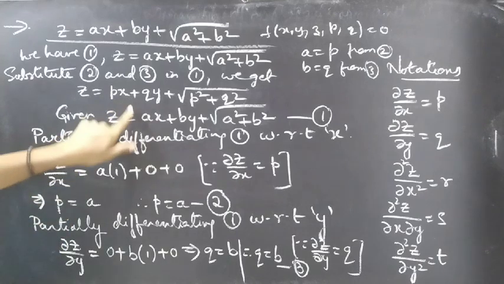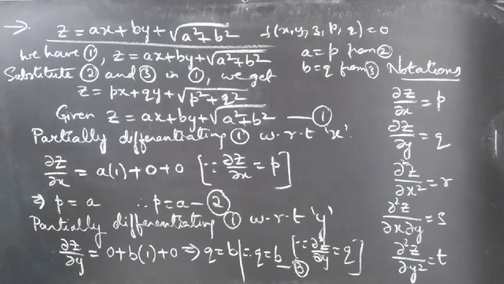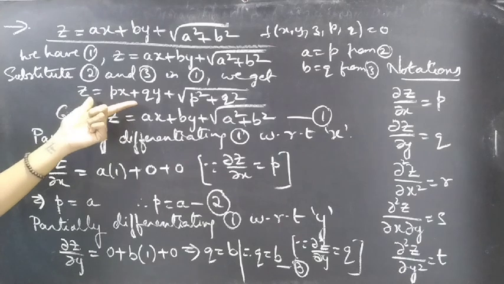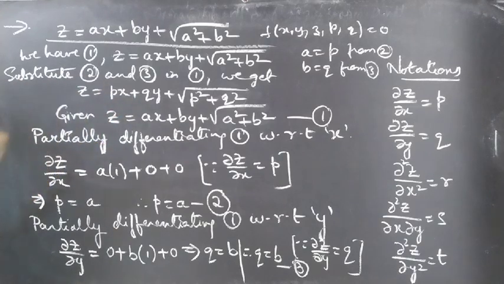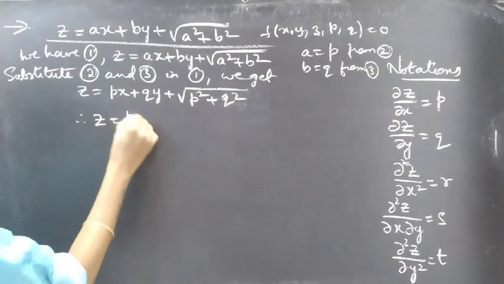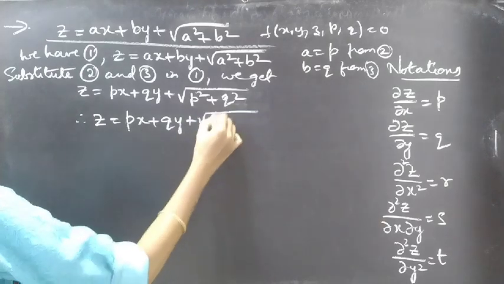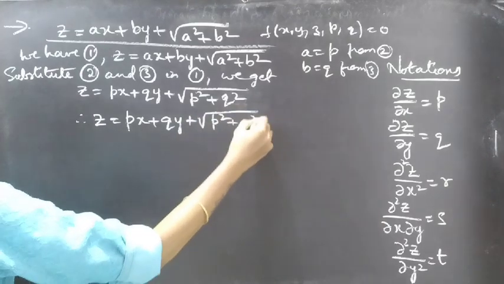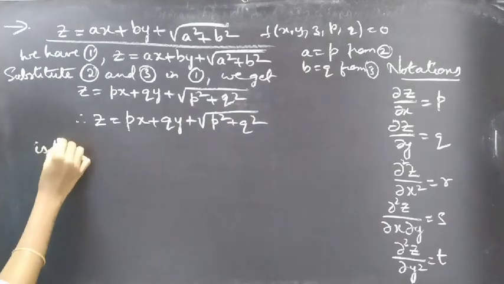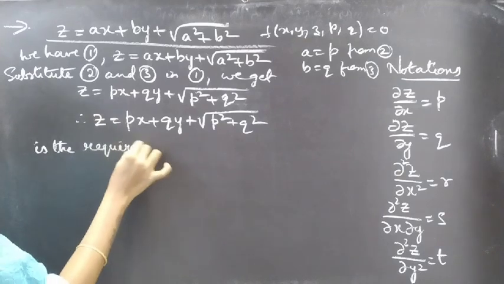I mean, this equation is of this form, so we can say that it is a required partial differential equation. Therefore, z equal to px plus qy plus square root of p square plus q square is the required partial differential equation.